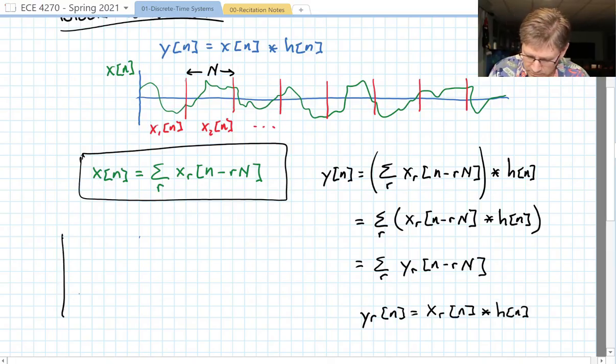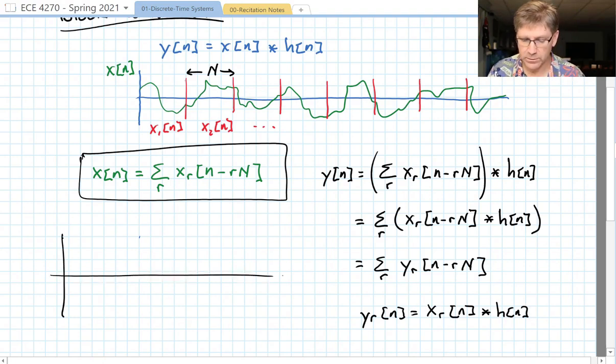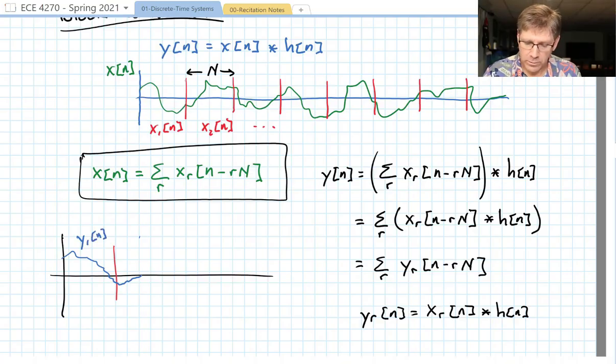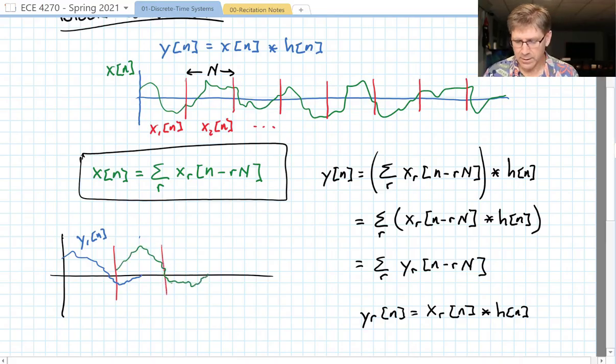Okay, so now we can draw basically what this is going to look like. For y of n, we're going to get some signal coming out maybe like that. And let's label this y1 of n. y2 is going to be something maybe like that, and we'll call it y2 of n. Now, it's shown shifted there.